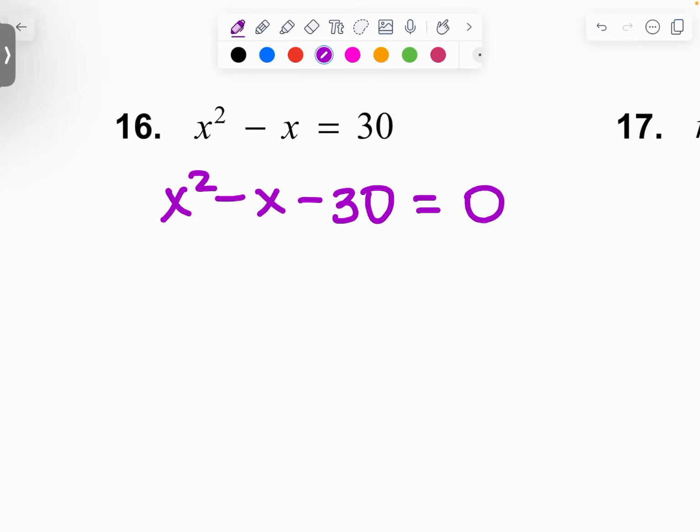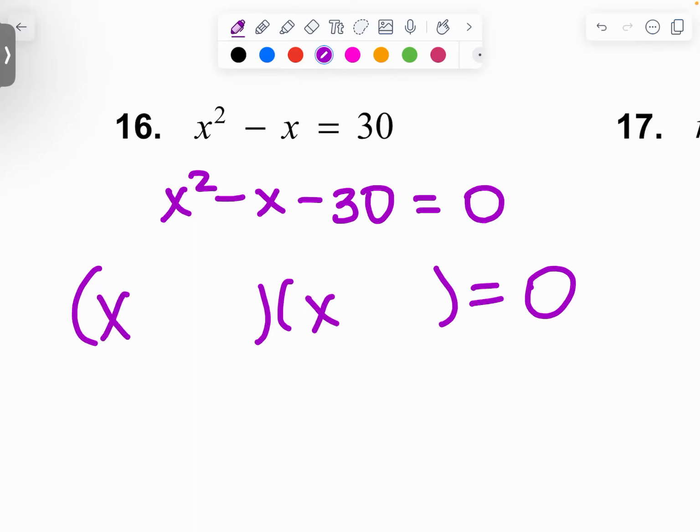Now we're set equal to 0, and we have a sweet trinomial that I think is going to be fairly simple to factor. I need two numbers that multiply to negative 30 and add to negative 1. 6 and negative 5.